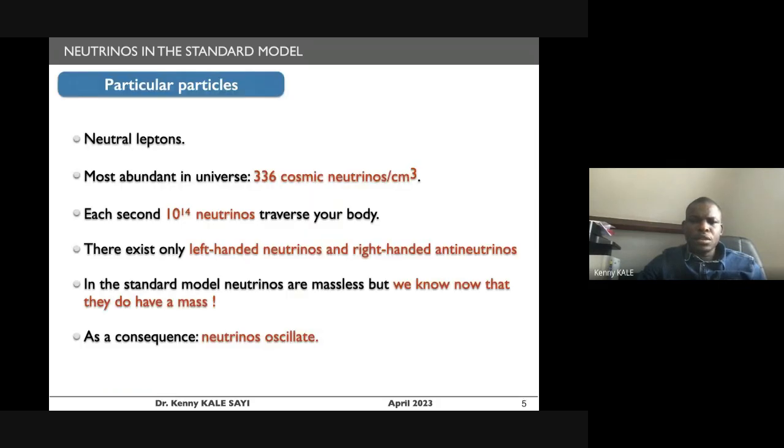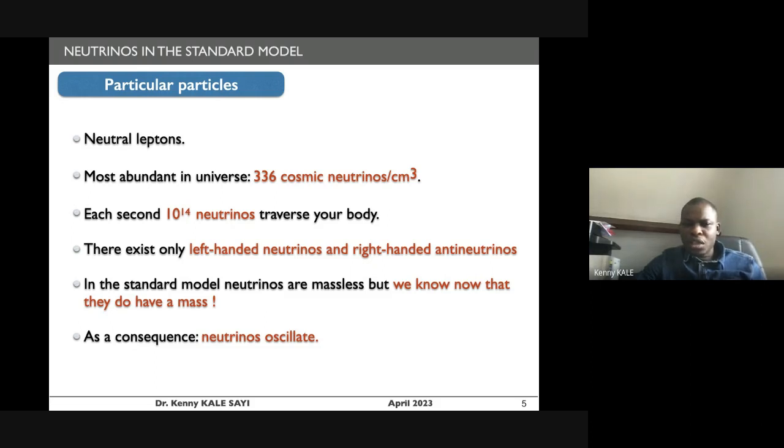Then some other things need to be known about neutrinos. As I said, they are neutral, they have no electric charge, and they are the most abundant particles in the universe. You have more than 300 neutrinos per cubic centimeter.